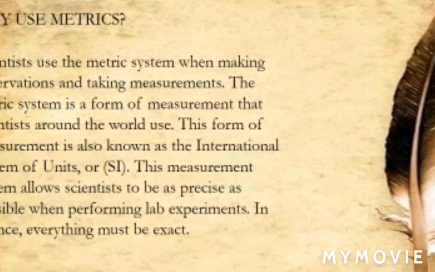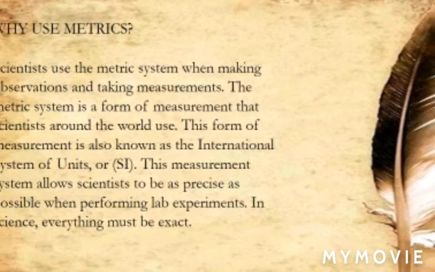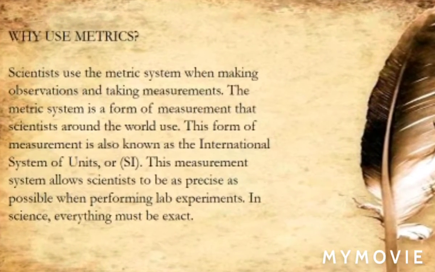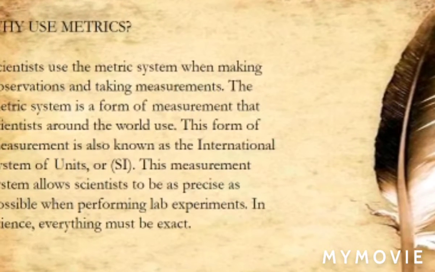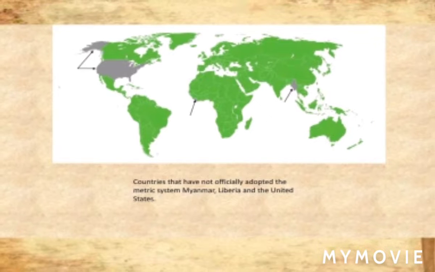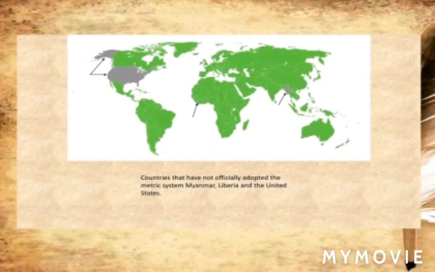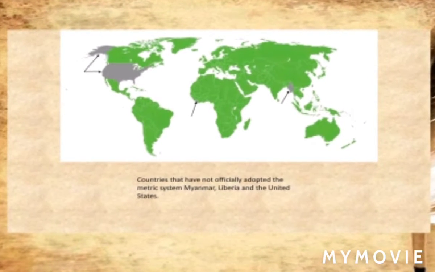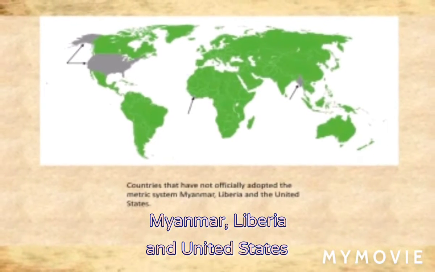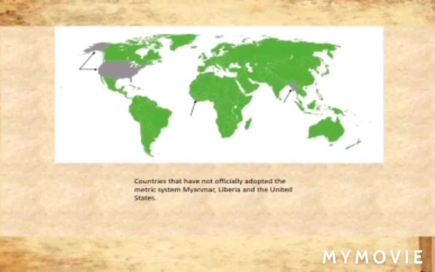This measurement system allows scientists to be as precise as possible when performing lab experiments. In science, everything must be exact. Not all countries use the metric system. Countries that have not officially adopted the metric system are Myanmar, Liberia, and the United States.